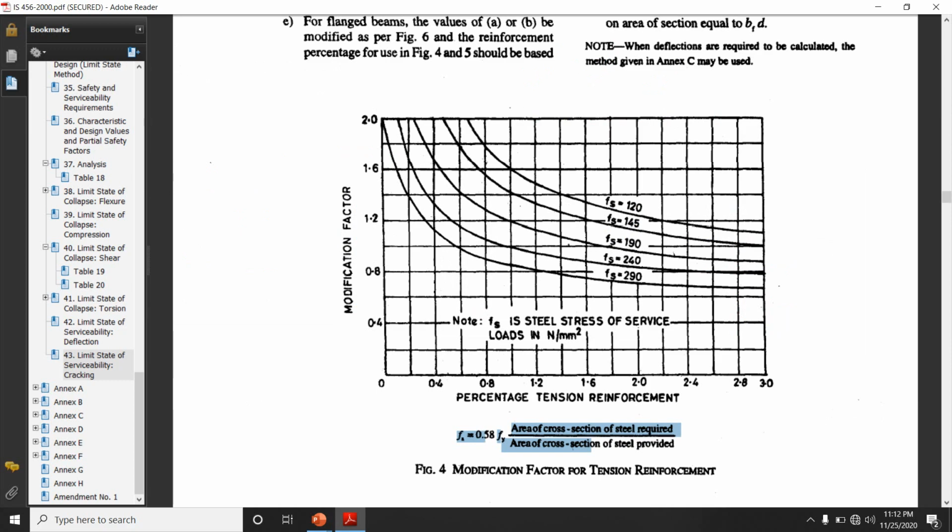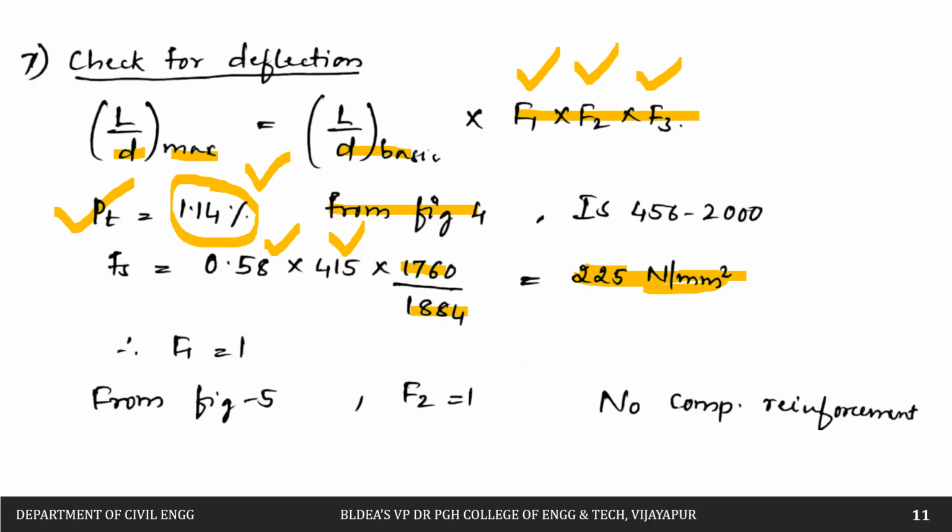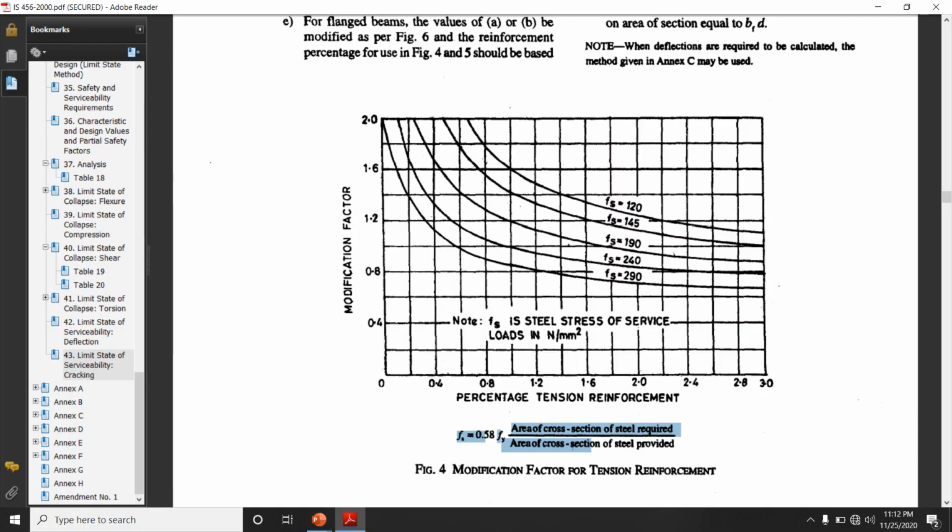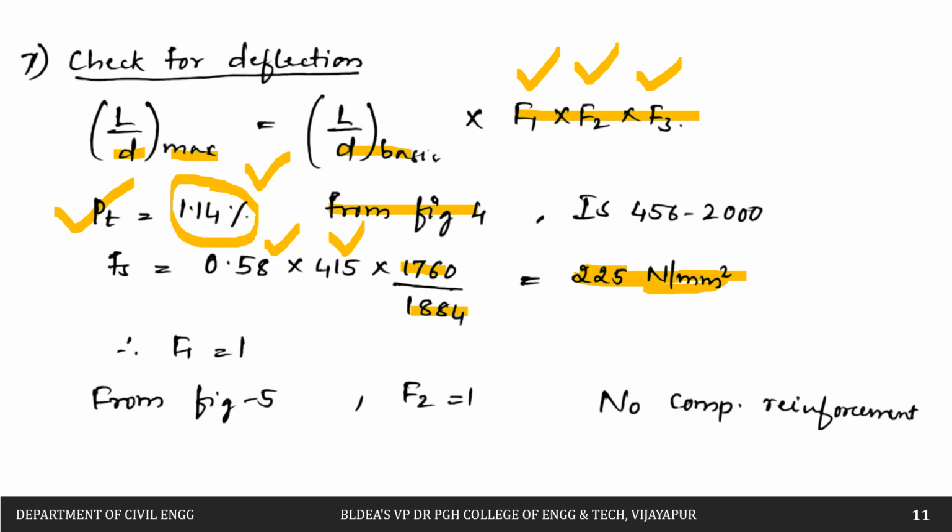So we know the percentage of steel is 1.14, which means somewhere here we are going to get, and the fs value is 225. So somewhere here we are getting those values. If we come somewhere here, it is approximately equal to 1 itself. So therefore we can write F1 is equal to 1.